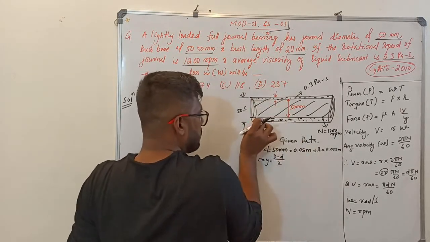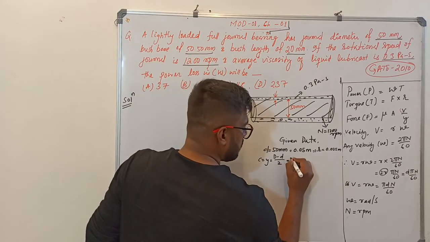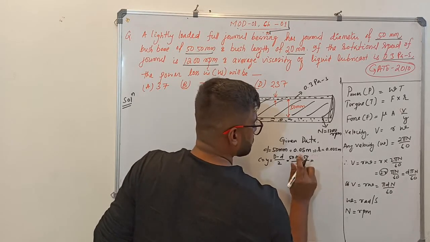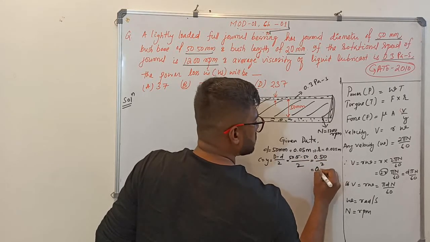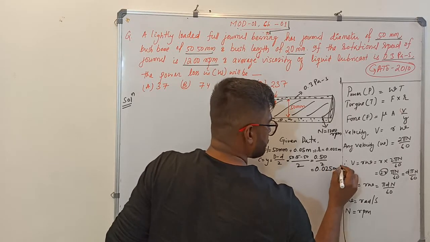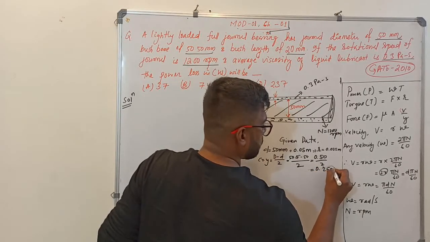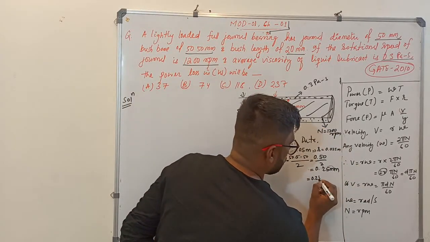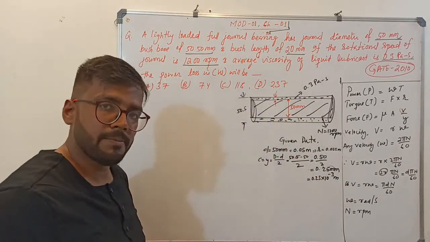So that is 50.05 minus 50, by 2, which is 0.05 by 2, that is 0.025 mm. Convert it to meter: 0.025 into 10 to the power minus 3 meter is the C or Y. Understood?